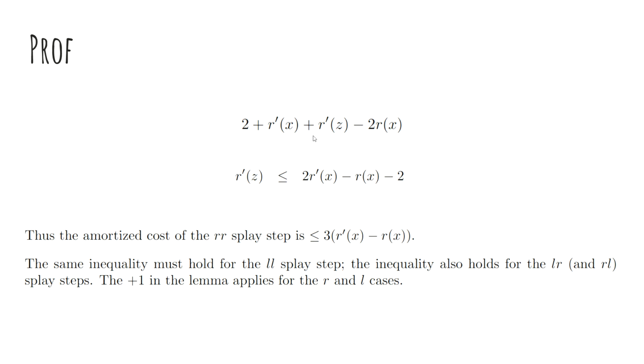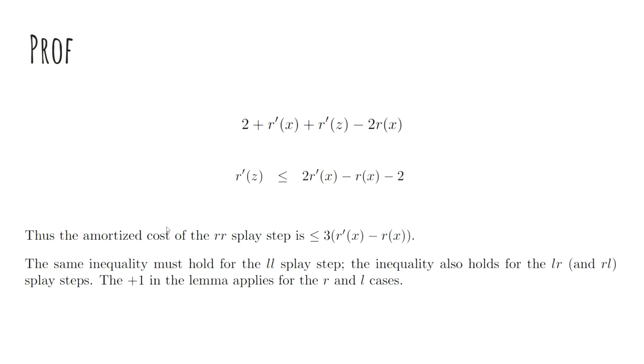With the expression we got earlier and this new one, we have a substitution here. This is going to be 3 r'x. This is going to be 3 rx. The number 2 less 2 is going to be 0.